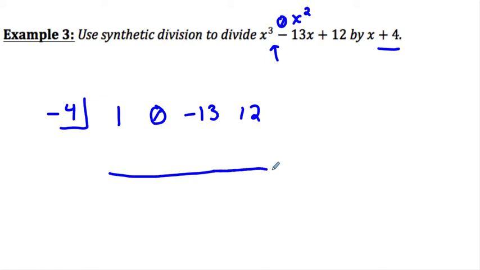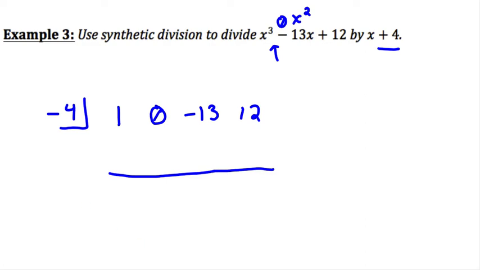So that is what your setup should look like. If you want to pause it and try it now, you can. Or if you want to just stay with me and go through the problem, you can. But I did want to throw one problem in like that, so you can see what I'm talking about. If you're missing a term, that's what you need to do.